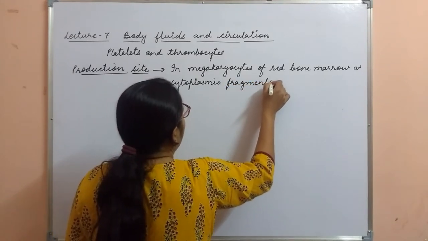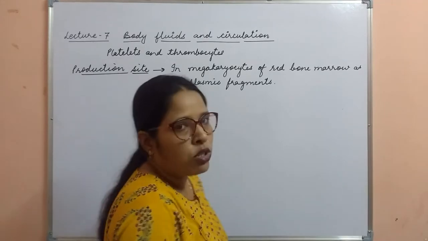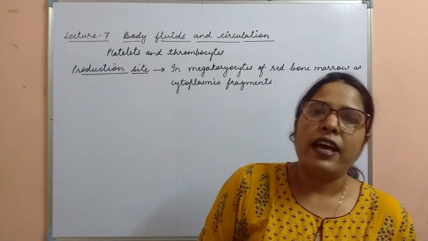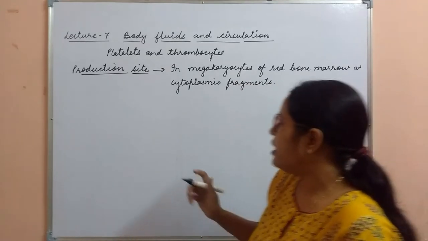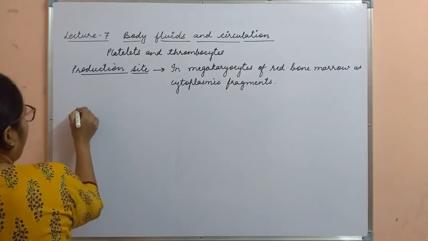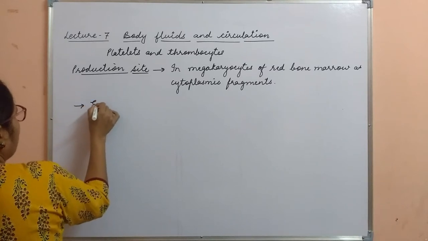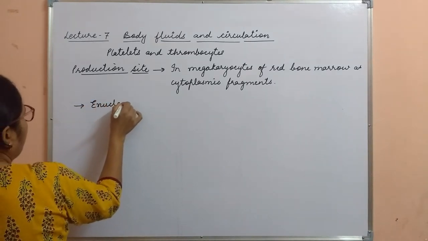Clear? So these are produced in the megakaryocytes of red bone marrow as cytoplasmic fragments, and these are enucleated. It means they do not have a nucleus.